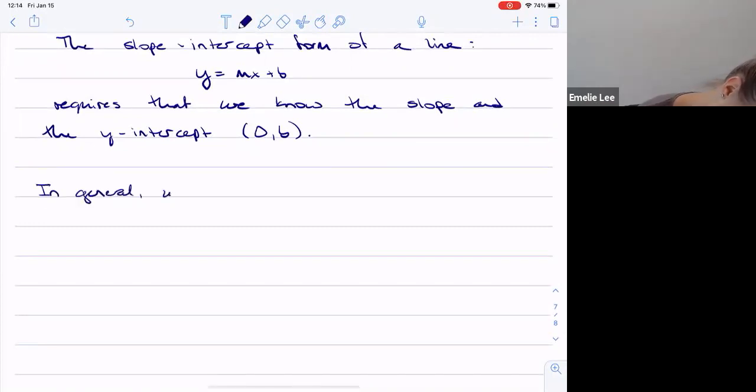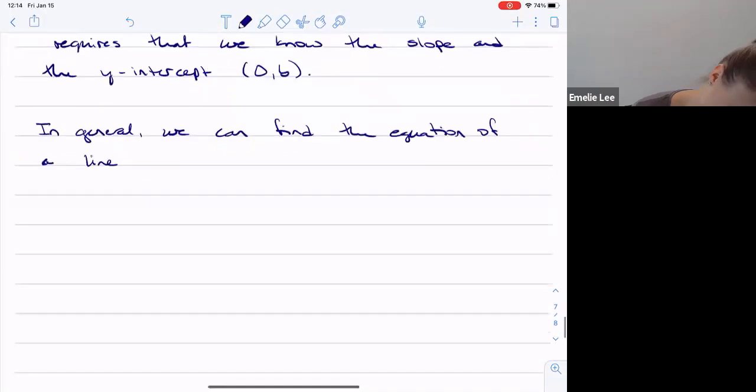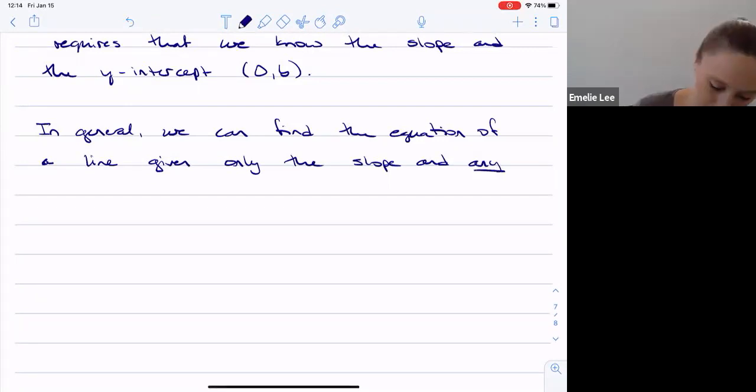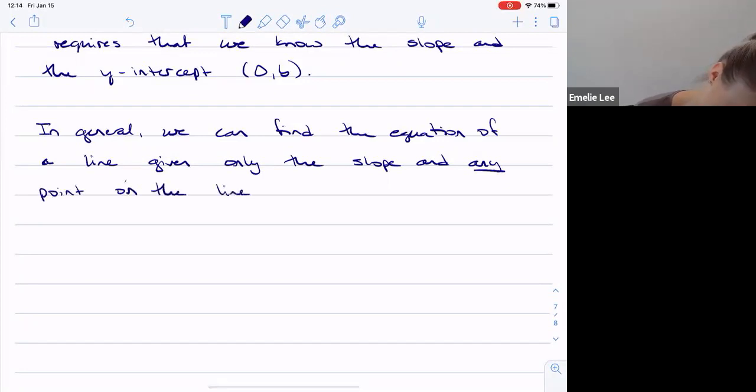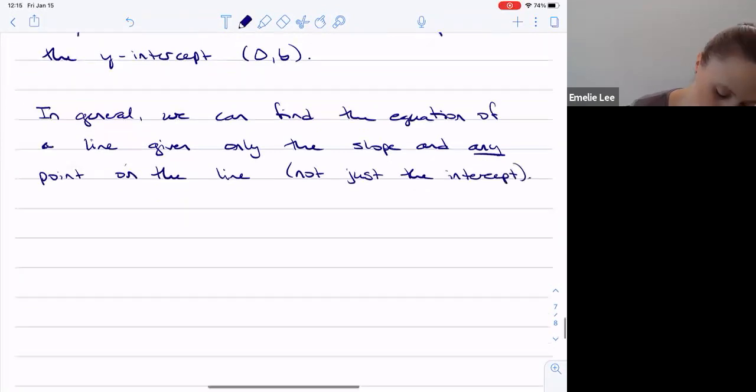In general, we can find the equation of a line given only the slope and any point on the line, not just the y-intercept. The y-intercept is a special case.